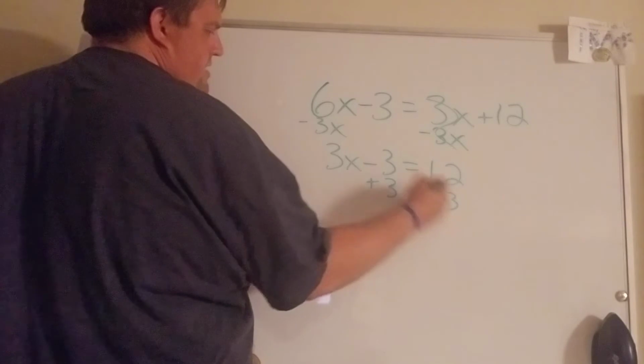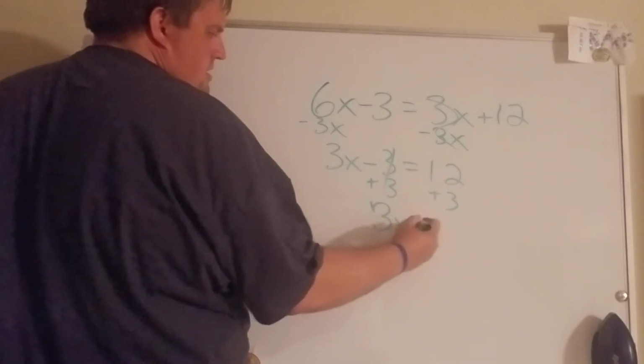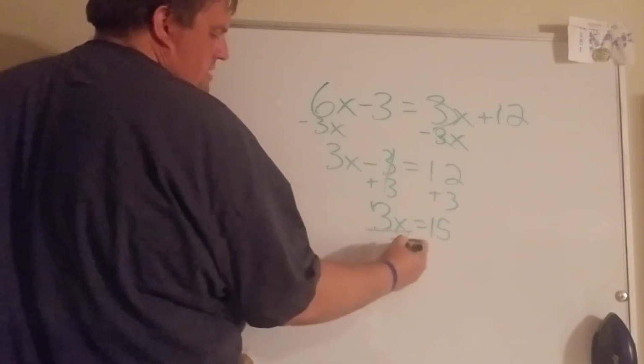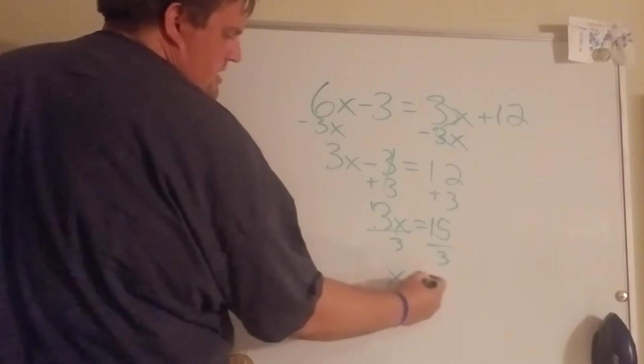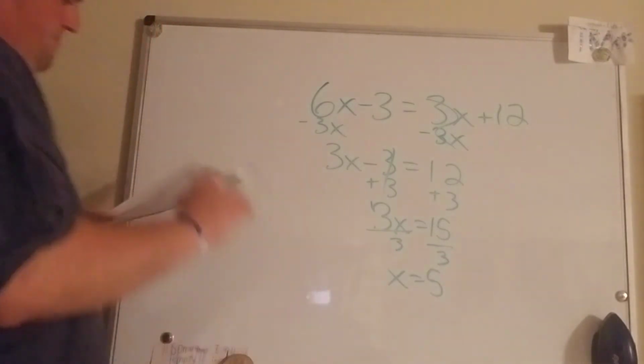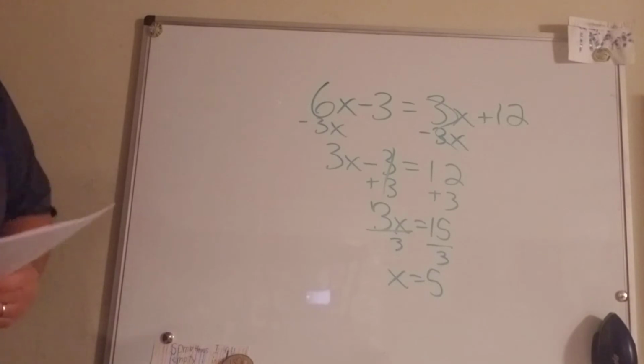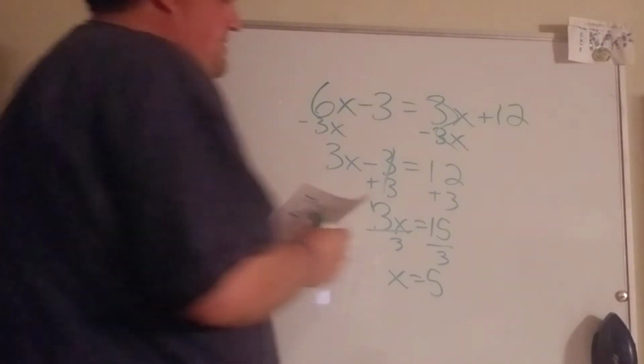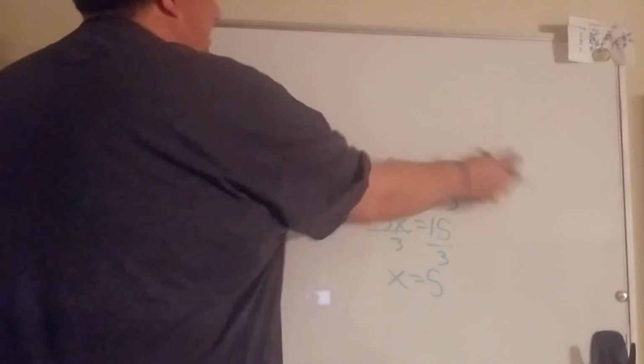Add 3 to both sides, you get 15. And divide by 3, you get x equals 5. Easy peasy.